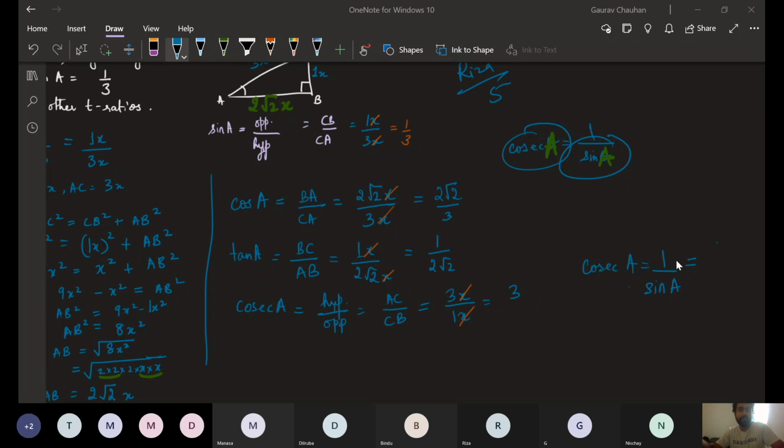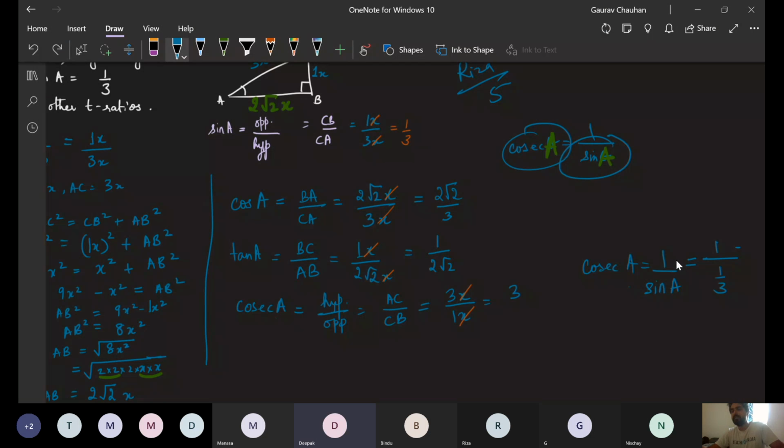Let's see if anyone else can quickly tell. Deepak, can you quickly explain to Mansa what we are thinking about? Sir, in place of sine A, we can write 3x by 1x. Or directly 1 by 3, we already have 1 by 3 here. You leave x now. 1 by 3 we already have.